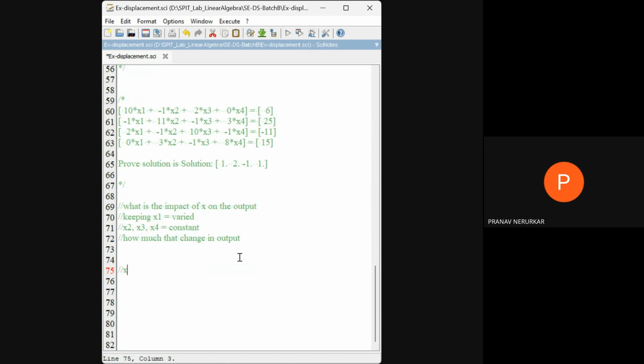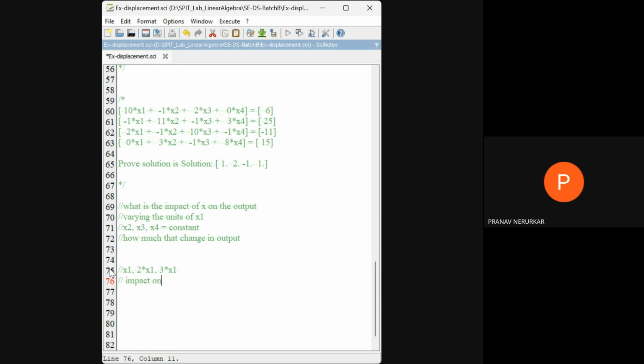If x1 is 0, or varying the units of x1, that means you have to take x1, 2 multiplied by x1, 3 multiplied by x1, and find out what is the impact on the output.